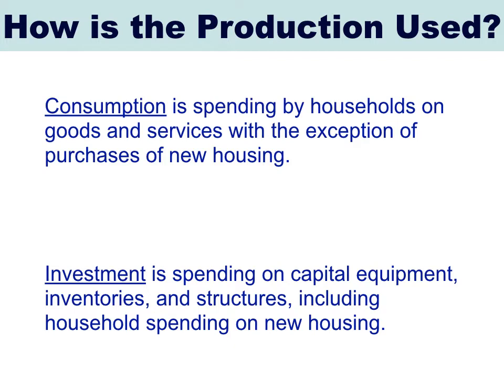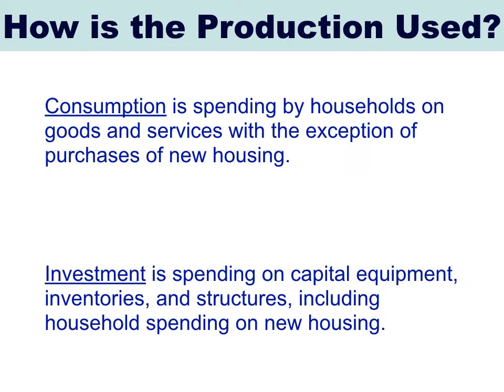And different types of structures, i.e. buildings, roads, bridges. These are all capital purchases. Now, the interesting thing about doing this accounting is that it often depends on who is buying the good, which determines whether it's consumption or investment.